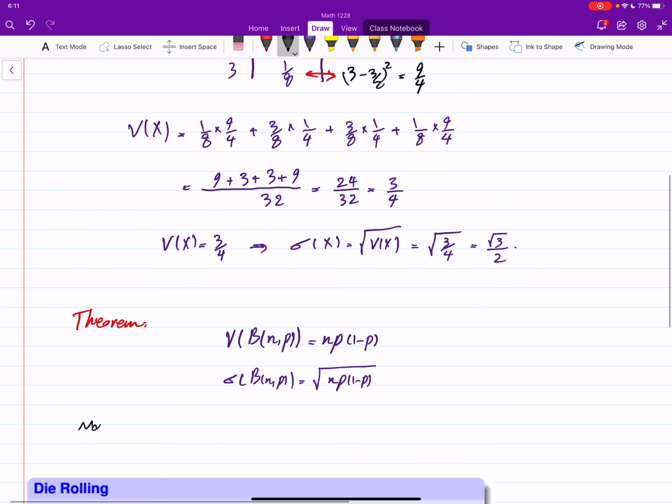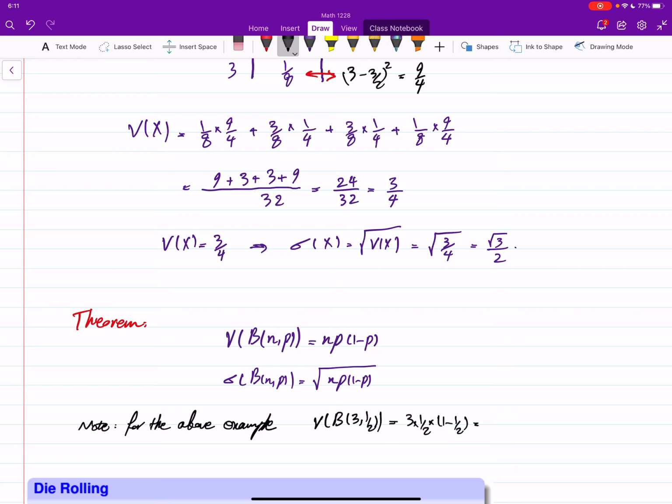Note that for the above example, we are trying to find the variance of B(3, 0.5), and that is 3 times half times 1 minus half, which is 3/4. How about the standard deviation? It is the square root of 3 times half times 1 minus half, that is root 3 over 2. In that example we computed it by hand, but this formula works all the time.